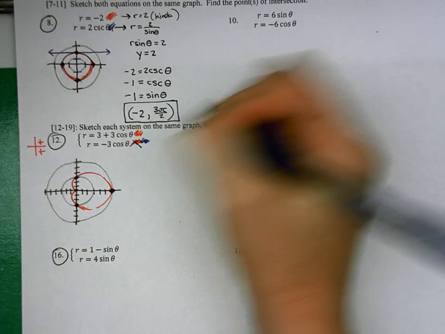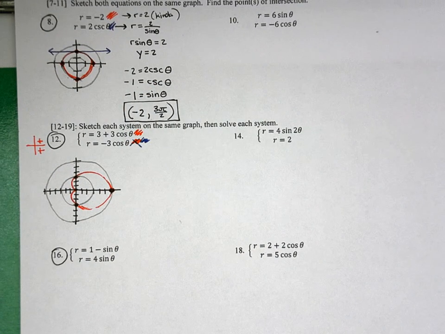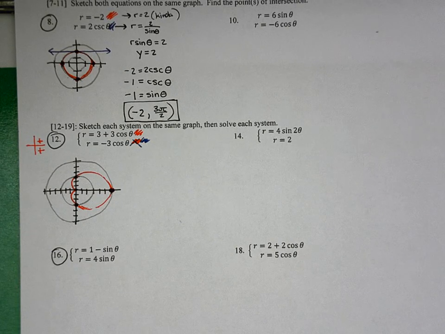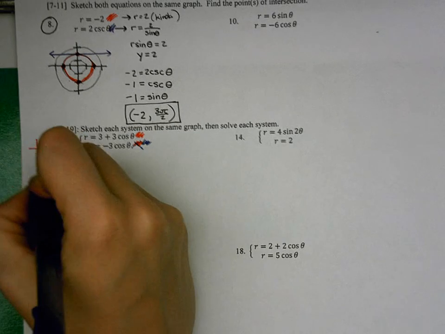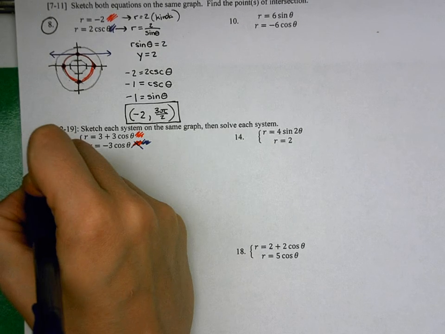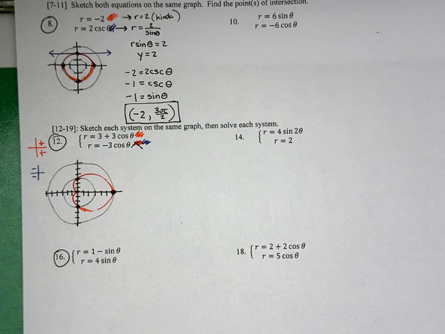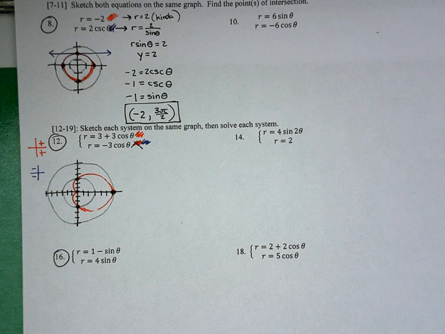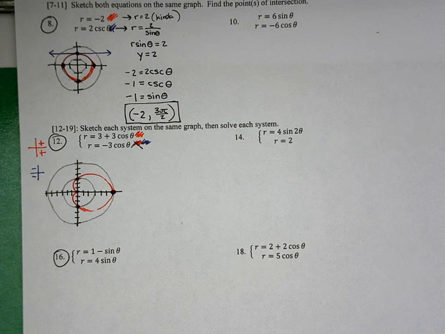So r equals -3 cosine theta is that petal idea, right, with our negative cosine, so we're going to be moving to the left-hand side. Let me draw that here. And then this one's going to be a circle. We've got that 1 theta inside, right? And in this case, our r is going to be 3.